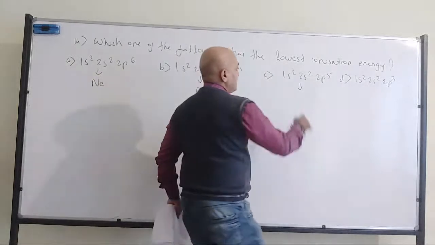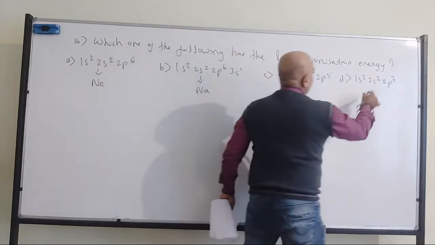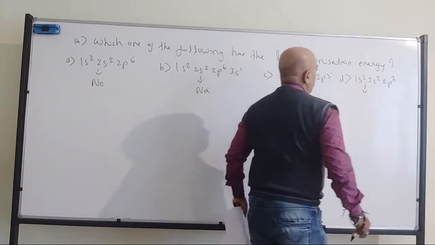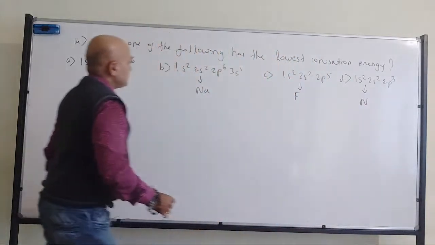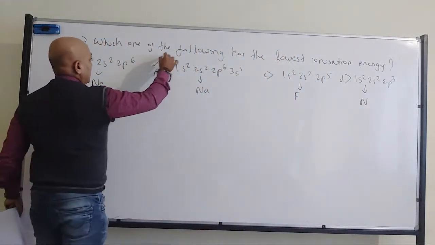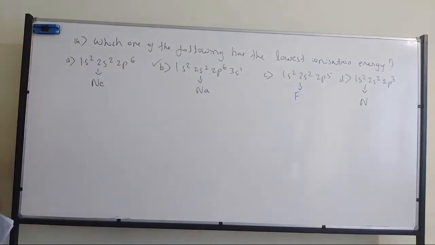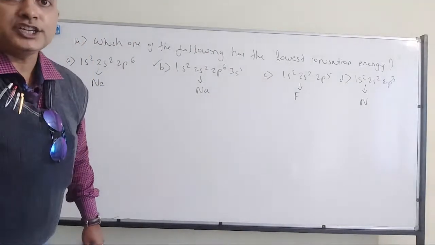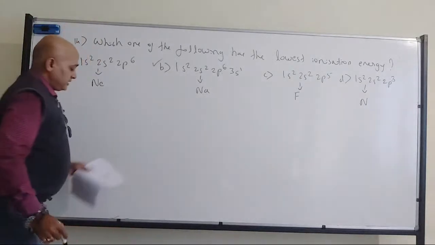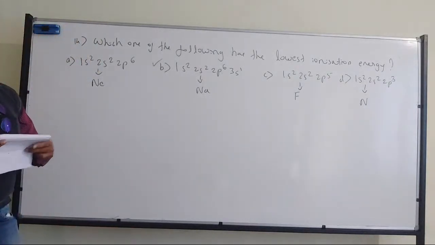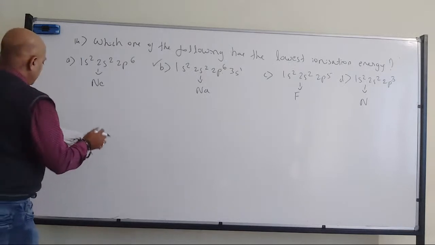It is period number 2, so it should be fluorine. And this is nothing but nitrogen, right? So based on that we can tell that option B should have the lowest ionization energy, that is sodium. So option B should be the answer. Fine. So we will move to the next one.